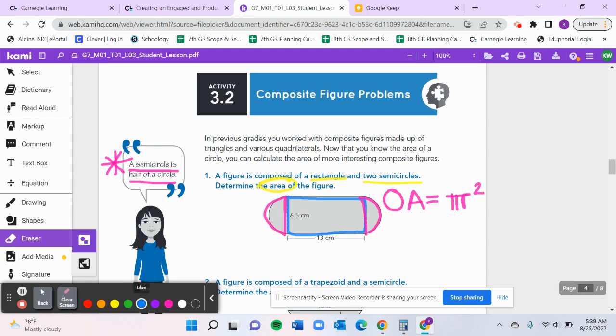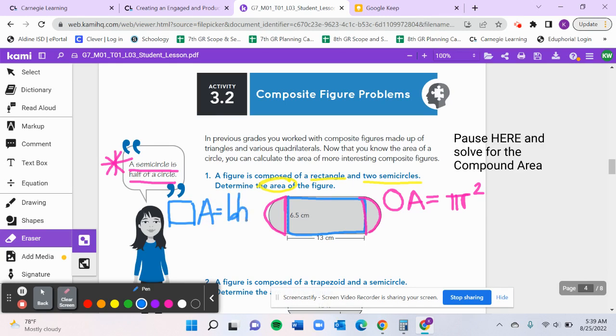And with our rectangle, which I'm doing in blue, we know that the area is equal to base times the height. Hopefully, if you did it correctly, you should have identified your base in the rectangle as 13 and the height as 6.5 centimeters. For your circle, you would need the radius of the circle.